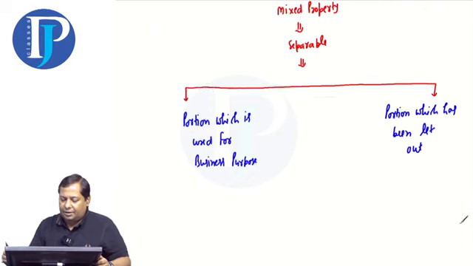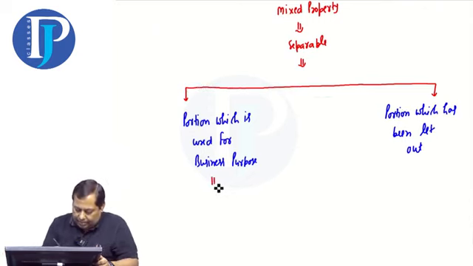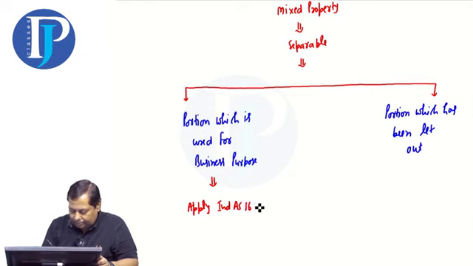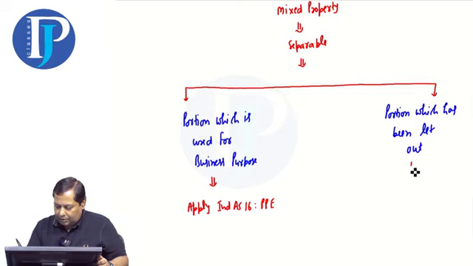In case of separable, we have separated them, so we will apply Ind AS 16 for PPE, and apply Ind AS 40 for investment property.